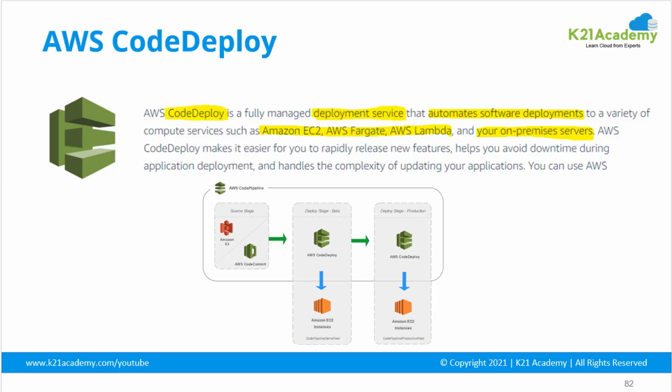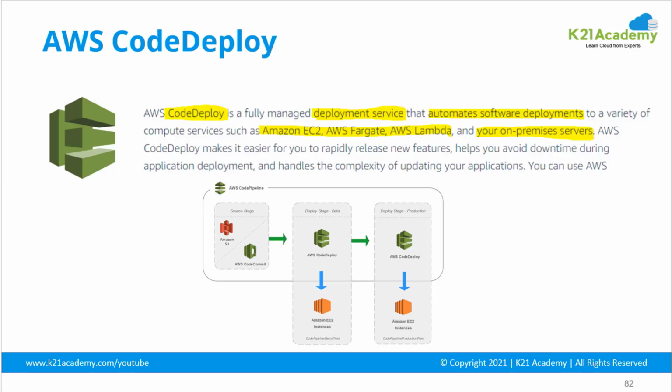It can deploy the artifacts generated by CodeBuild on various compute services that we saw earlier, which could be EC2, which is Elastic Compute Cloud, or Fargate, which is the serverless version of Docker and Kubernetes, or functions, which is Lambda, or you can also deploy on your on-premise servers.